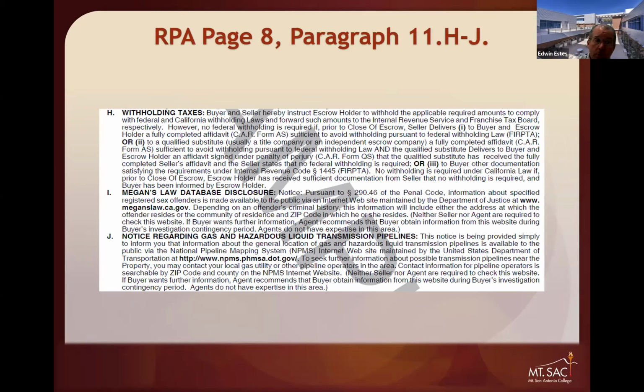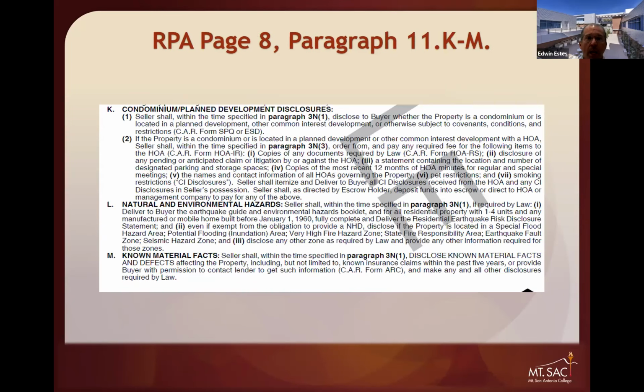Our Megan's Law disclosure and our disclosure of the website for gas and hazardous liquid transmission lines are listed there, so you don't have to provide an additional disclosure. If you're in a condominium, again, that has to be disclosed by the seller within 7 days. Okay. Seller will request copies of all HOA documents within 3 days of acceptance.